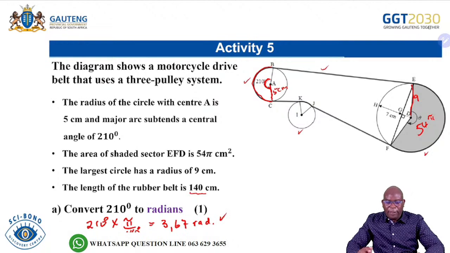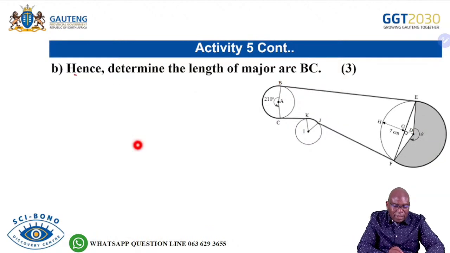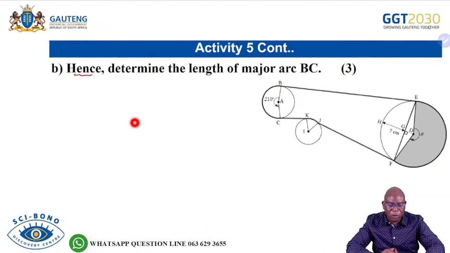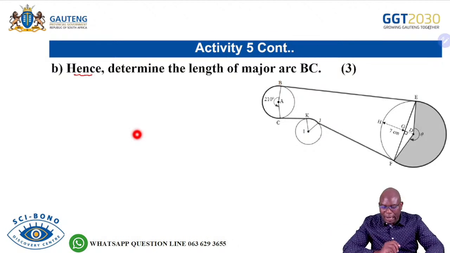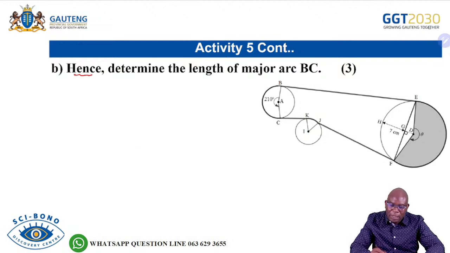Okay. The next question says hence. So in other words, whatever we got there, we're going to use it in the next one. Now it says, now calculate the length of the measure arc BC. So how am I going to get the measure arc BC?